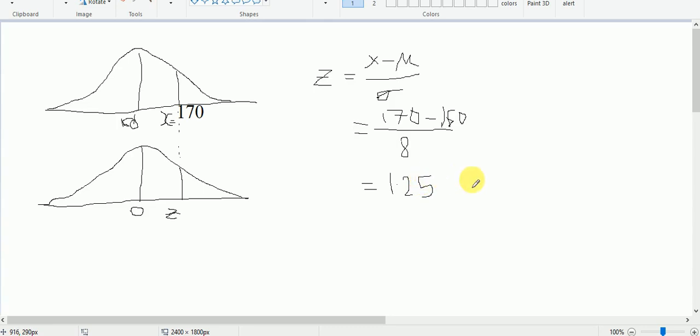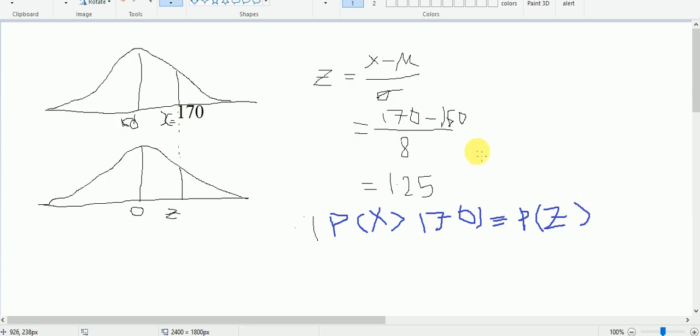So actually my question now becomes the probability of x greater than 170, and I have found that this is equivalent to the probability of Z greater than 1.25.